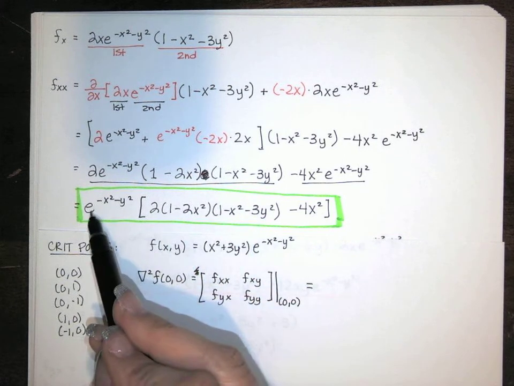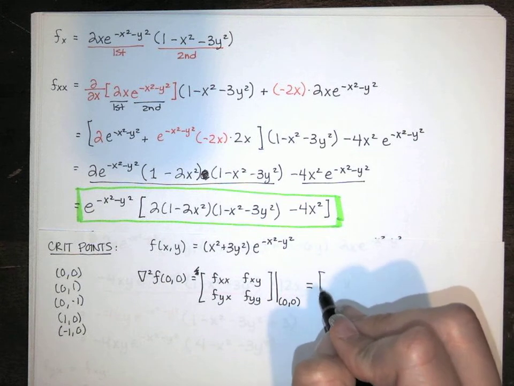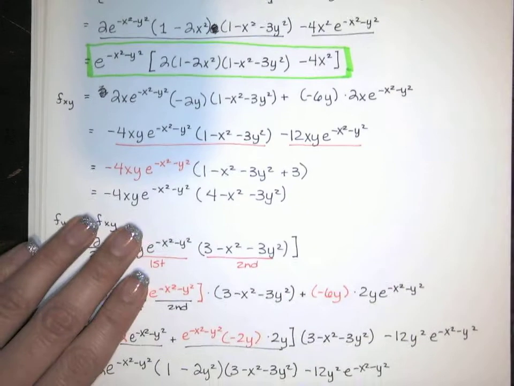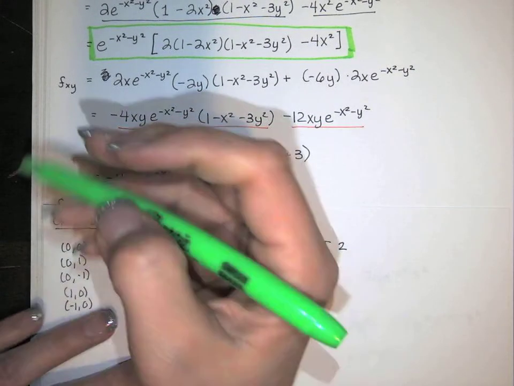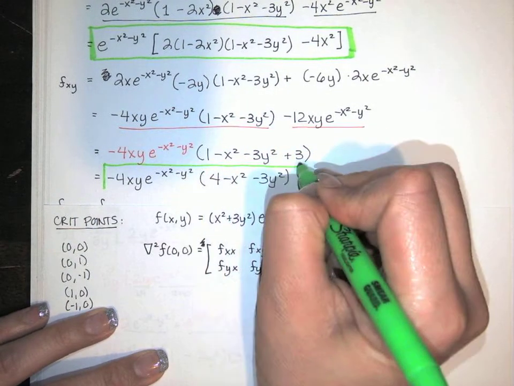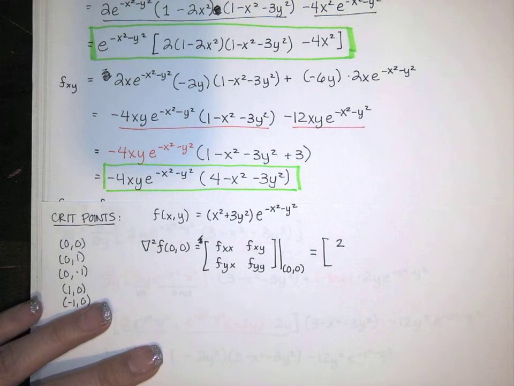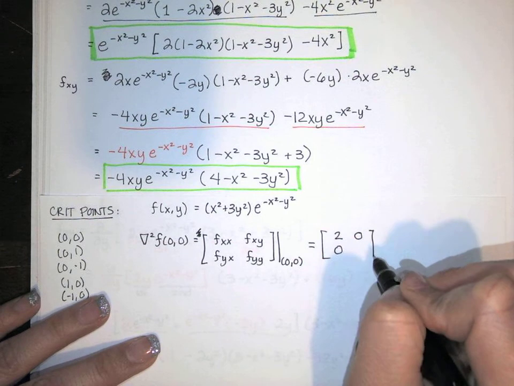So we get 1 times 2 minus 0, so we just get 2. Then let's evaluate this mixed partial at (0, 0). It's got an xy factor out here, so that's definitely 0. And the mixed partials are equal, so that one's 0.